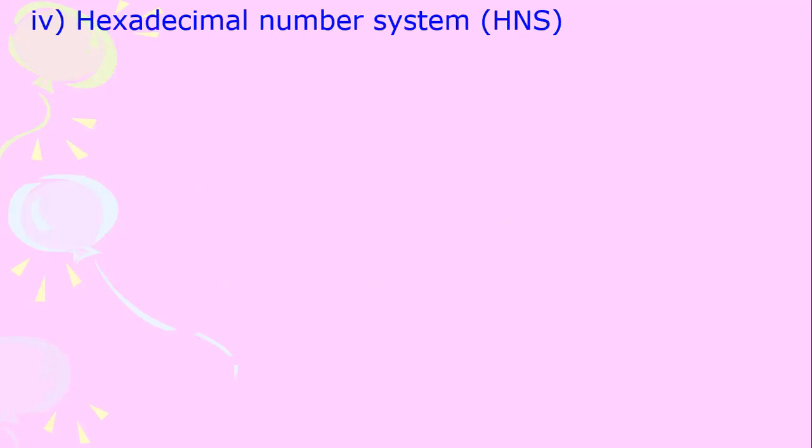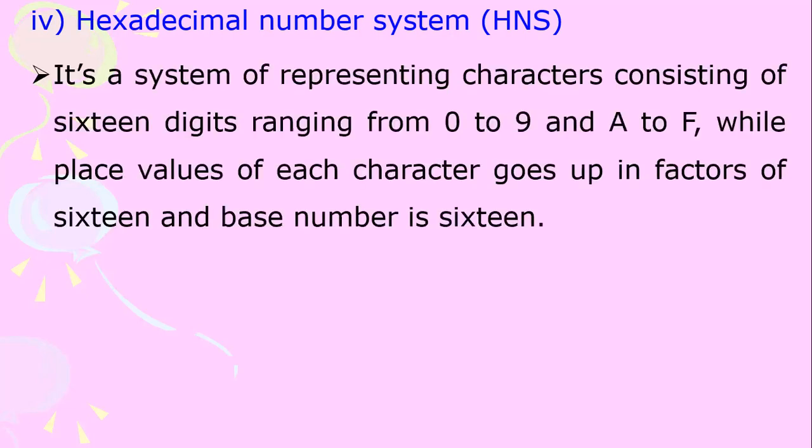Let's now look at the hexadecimal number system, HNS. This is a system of representing characters consisting of 16 digits ranging from 0 to 9 and A to F, where place values of each character go up in factors of 16 and the base number is 16.